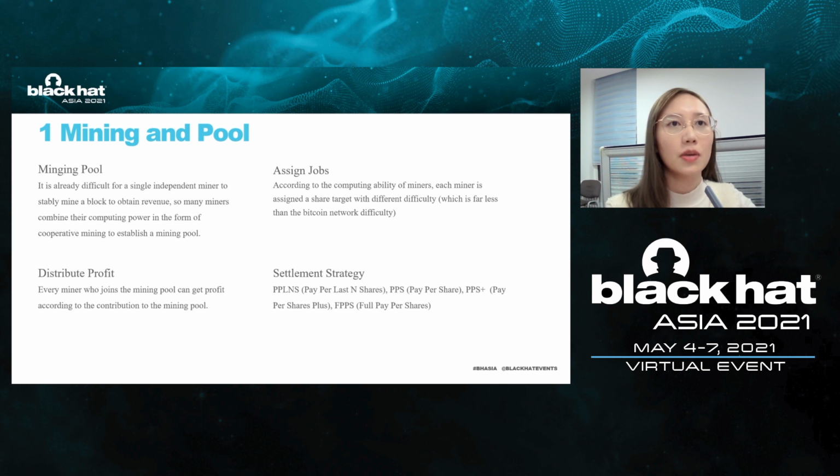According to the computing ability of miners, each miner is assigned a share target with different difficulty. After completing the jobs, each miner who joins the mining pool can get profit according to the contribution to the mining pool. There are many settlement strategies, such as PPS, PPS+, and FPPS.